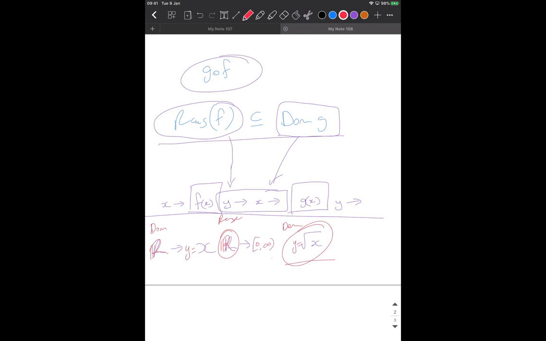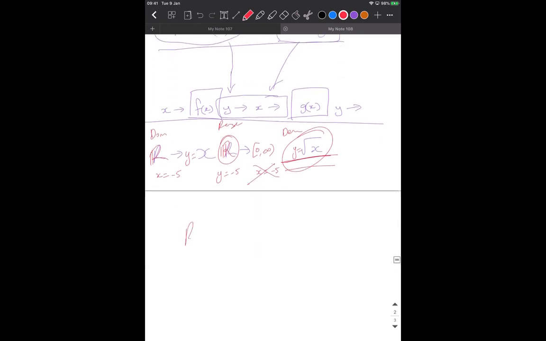But let's say we put x equals -5 into the first one. We're going to get y equals -5 out of the first one. But if that becomes an x value, that doesn't work with this function. So in this instance, the range of f is all real numbers, but the domain of g is 0 to infinity.